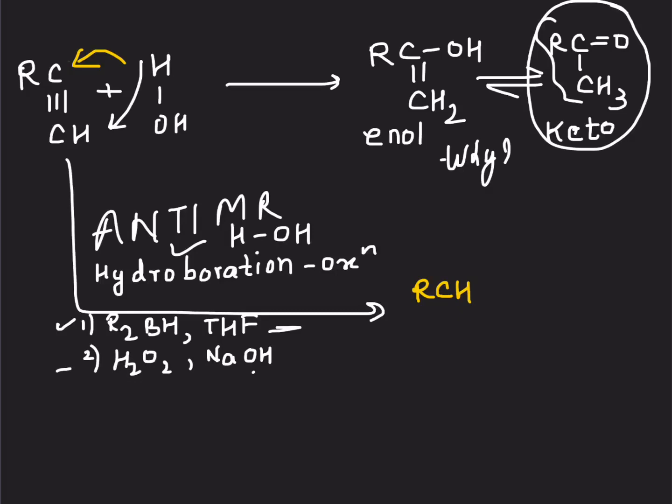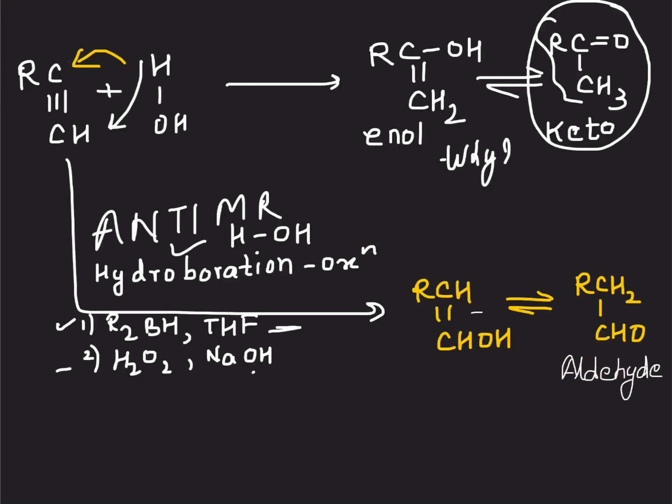So we have RCH double bond CHOH. So again, tautomerization will happen over here, and what we will get here is RCH2 single bond CHO. So in other words, this particular reaction has given us an aldehyde as the product.